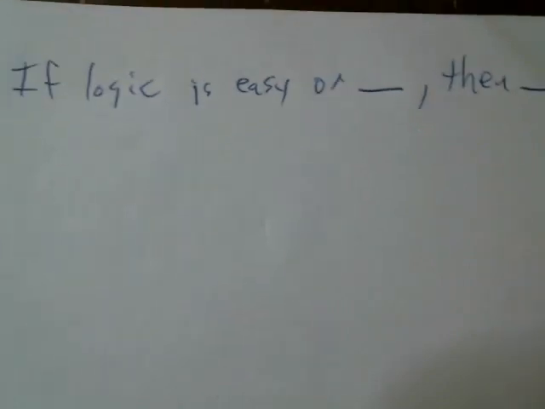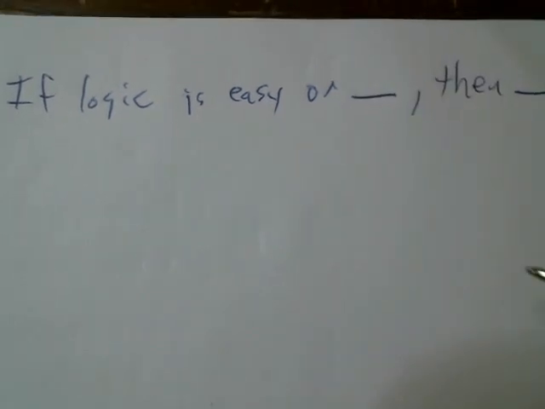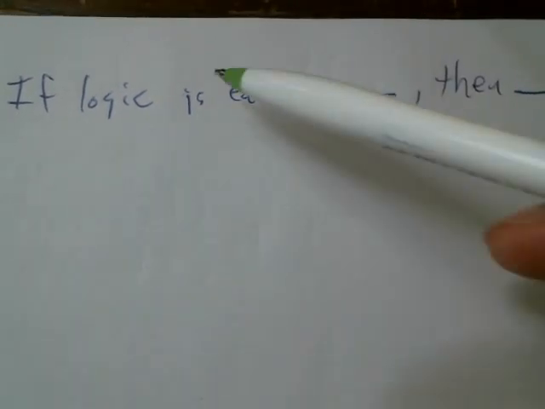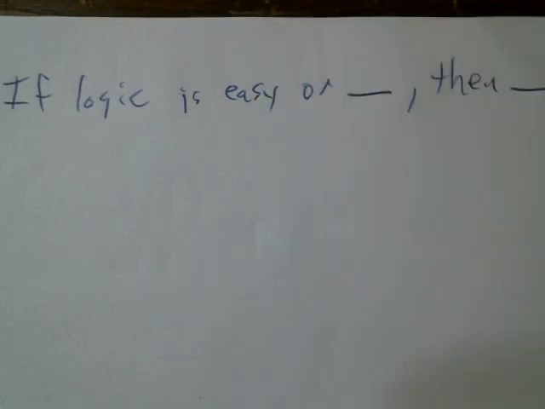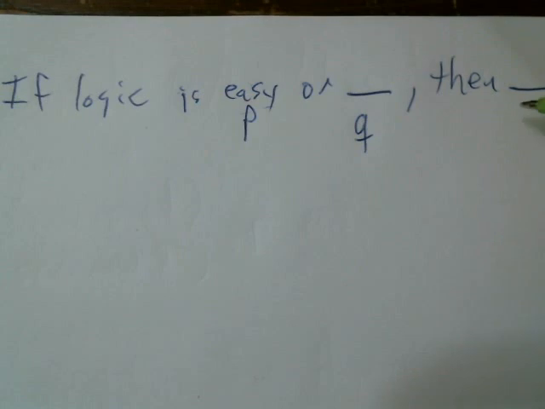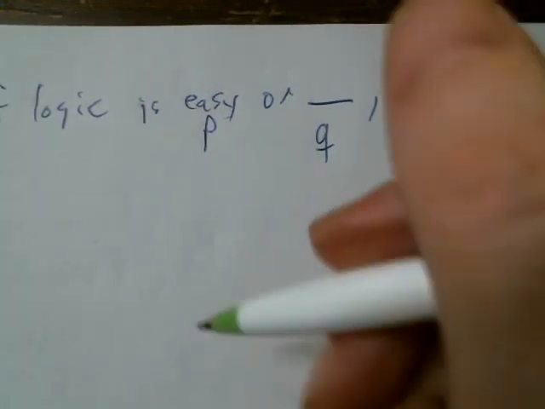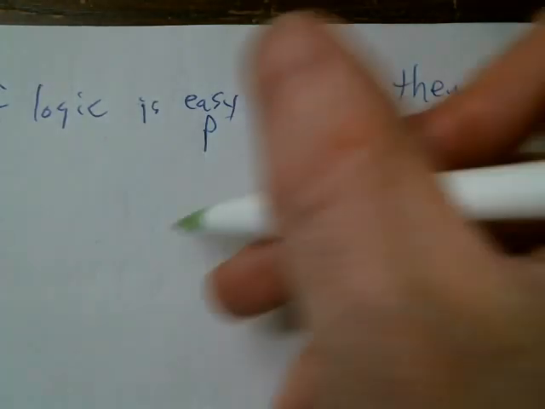So if we can identify the form, we're going to be able to put things in these blanks. And this first statement has that form: if P or Q, then R. Okay, so that's the first statement given in the example. The next statement says, I will study hard.